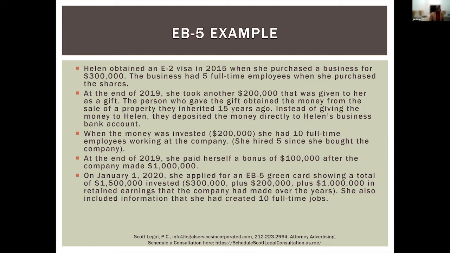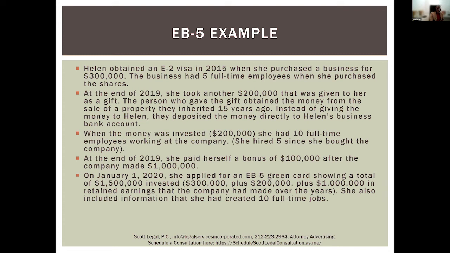Now, the other big issue here, so let's say we change the example slightly and say that the 300,000 did count, and now let's say she's at the $500,000 mark. When an owner pays themselves a bonus, right? Let's say in 2019, she invested $500,000 and she took a bonus of $100,000.